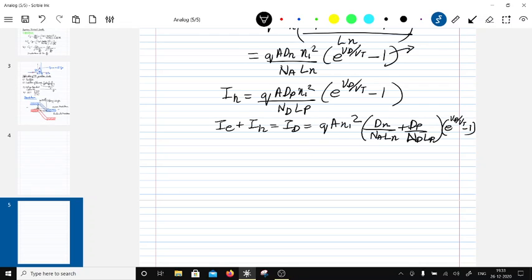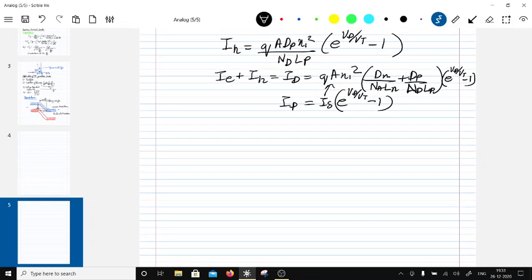So this can be written as Is e raised to Vd over Vt minus 1. Okay, so this is going to be the diode current, where Is is this term.